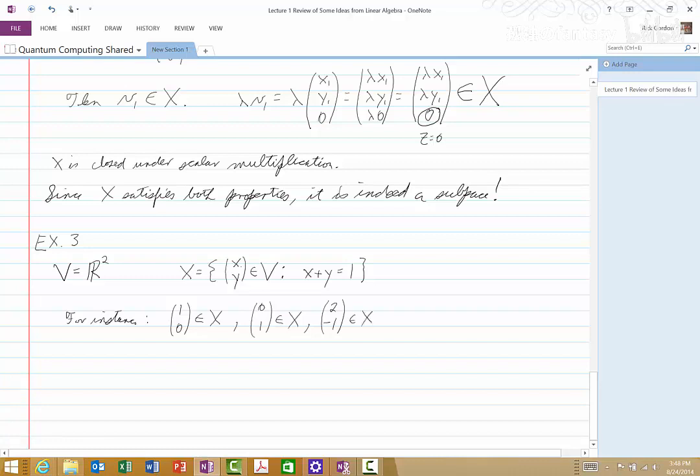As long as the x component plus the y component is equal to 1, then the vector is in X. But on the other hand, the vector 1, 1 is not in X because 1 plus 1 is equal to 2. So that's the X that we want to consider in this case. And now I'm going to stop and ask you, and I really strongly encourage you to stop the video and try to do this for yourselves. But figure out now, is X a subspace of V or not? So please give that a try.